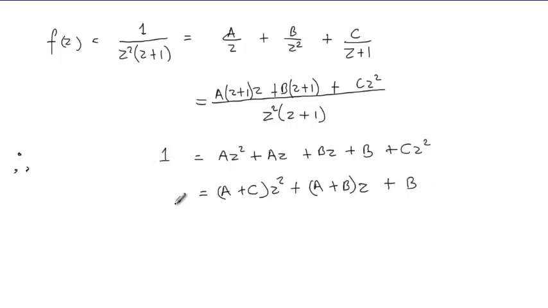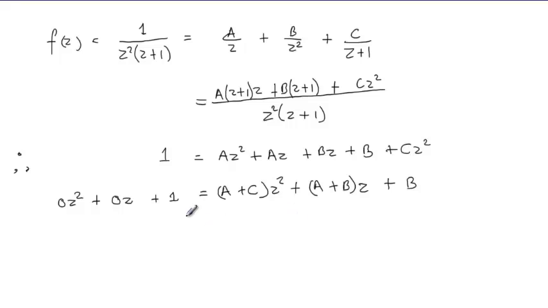Comparing with the left side, we've got 1, and a linear term which we don't have on this side, so we consider its coefficient to be 0, and a quadratic term which also has coefficient 0.